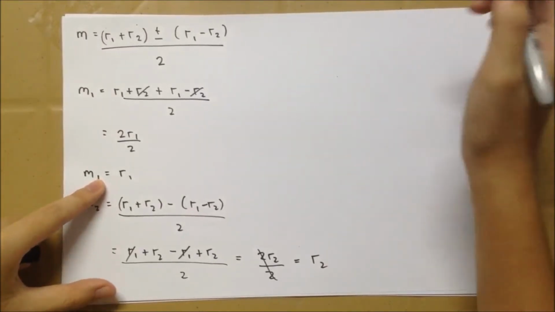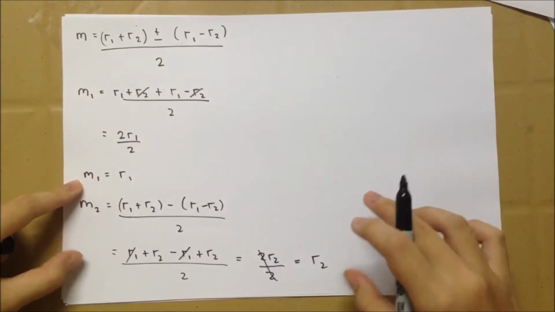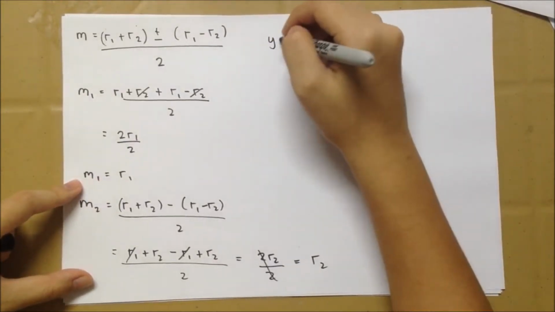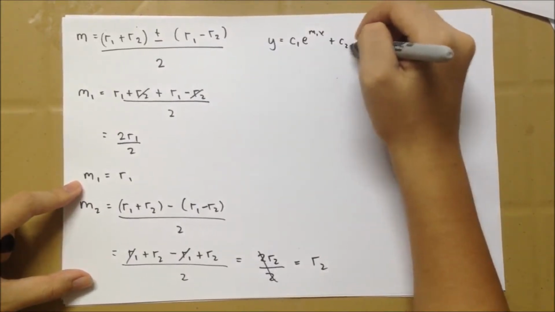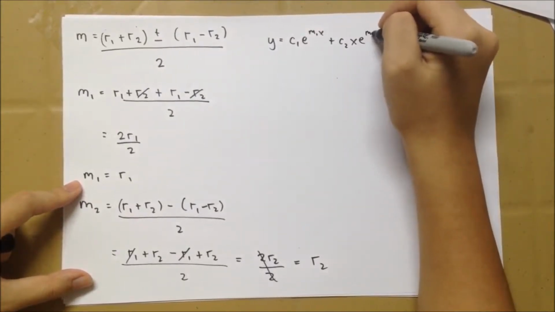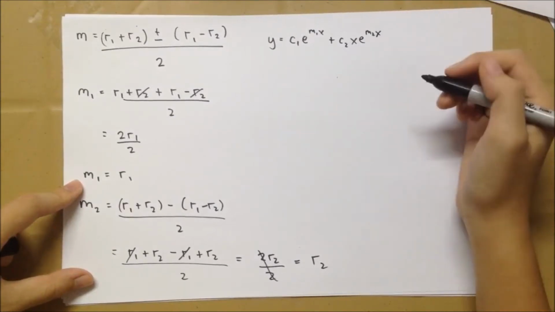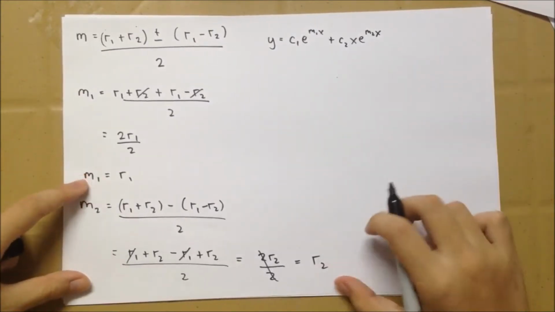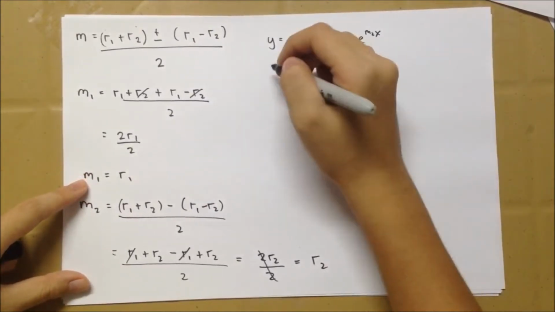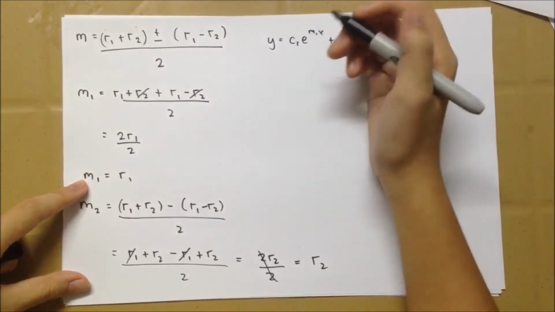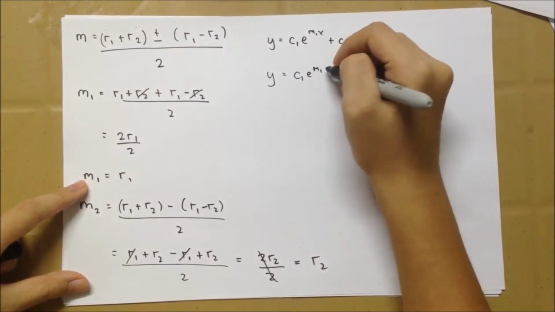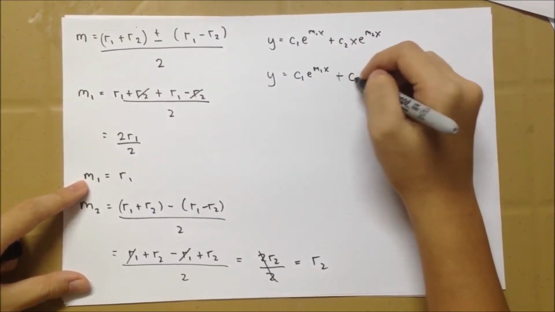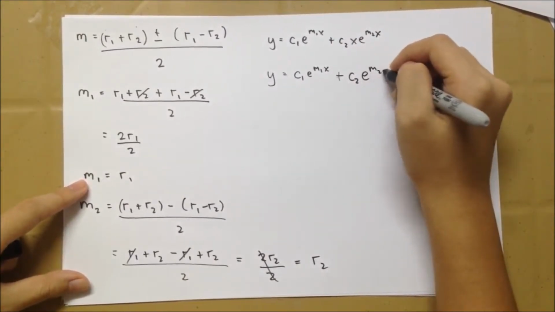Now remember that if our m1 is equal to our m2, we have the form y equal to c1 e to the m1x plus c2x e to the m2x. Since we took the assumption that they are not equal, the form of our solution is y equal to c1 e to the m1x plus c2 e to the m2x.